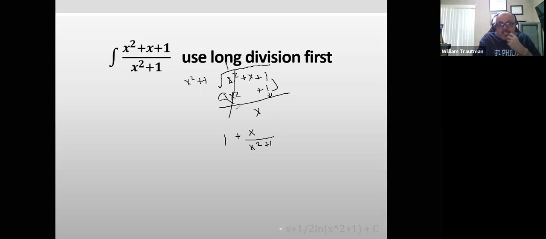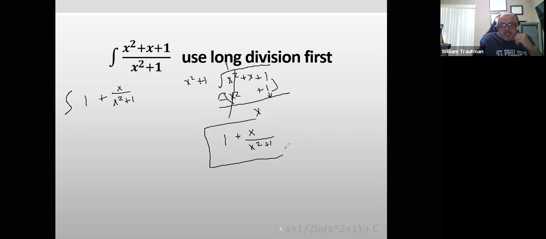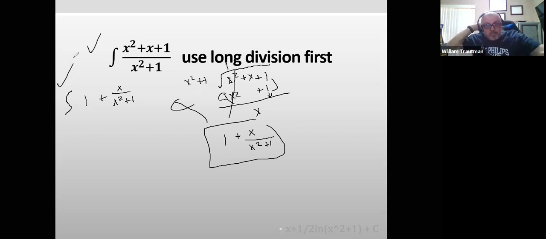So this is the answer when we did long division. So in other words, these two are the exact same. One is just done using division.